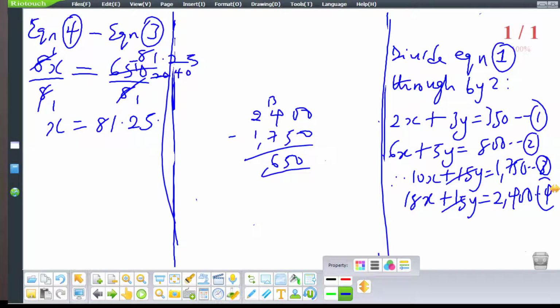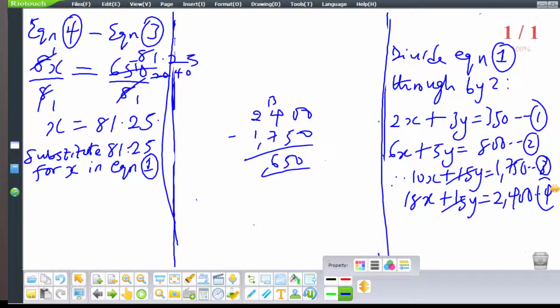So to get y, we substitute 81.25 for x in any of the equations. So let's say in equation 1.